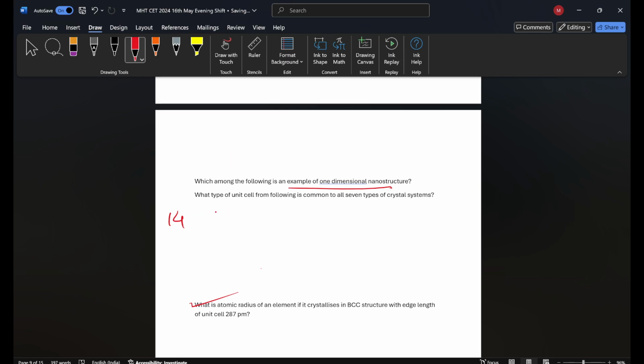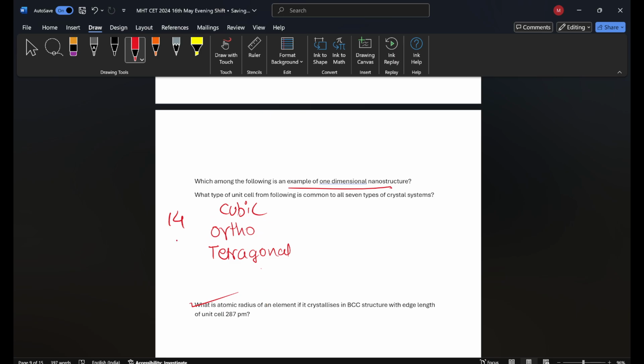Okay, I'll give you a clue. I will name a few and then you name some of them. So you have cubic, orthorhombic, tetragonal, and then there are four more.